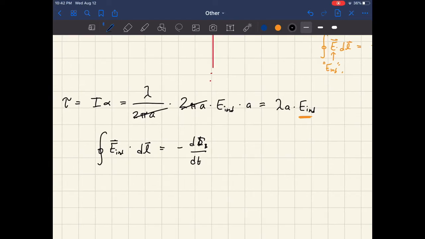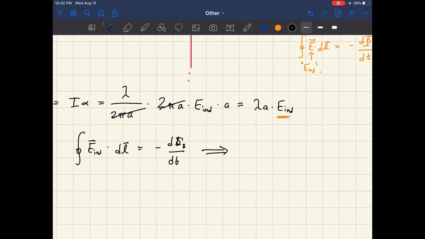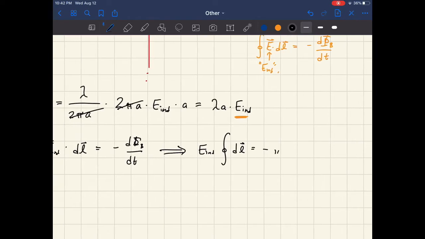What we can do is factor out this E induced. And what is this flux equal to? It's just area times the magnetic field, so it's going to be pi r squared. We'll consider E induced of r.